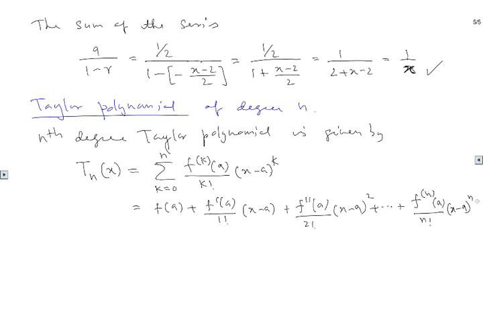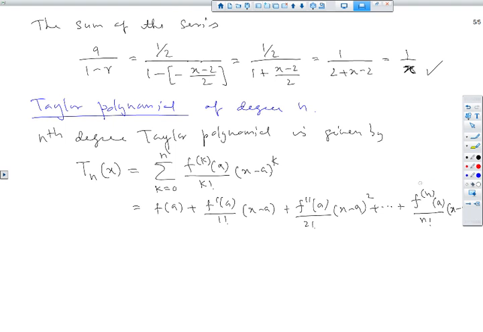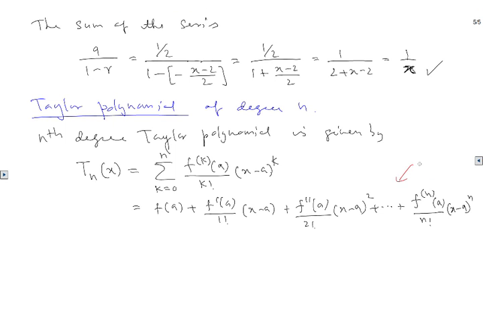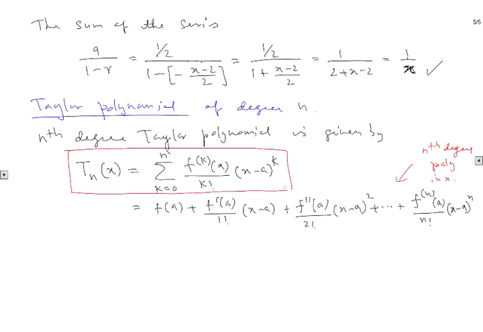You can see that this is an nth degree polynomial in x, because of that last term. That's the reason we call it an nth degree polynomial. As a formula, you only go up to the nth term. This is a common thing we do, because this gives you the nth approximation.